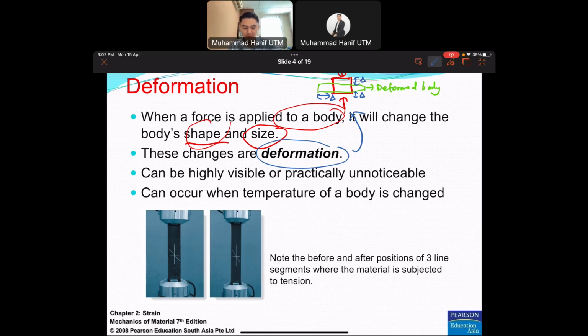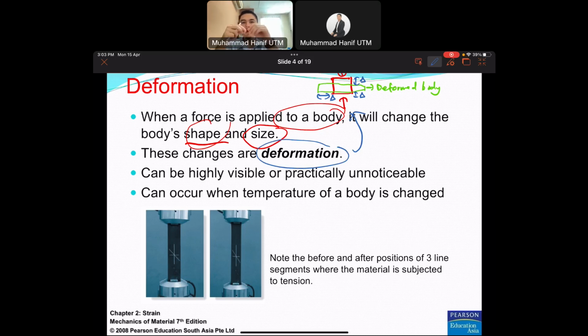It's deformed. In real life, if you compress your skin like this, you can see the skin is deformed. For example, this piece of paper, if you compress it like this, the paper will be deformed and changed in size. What else? A rubber band.